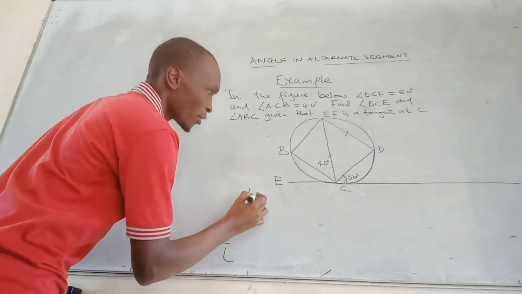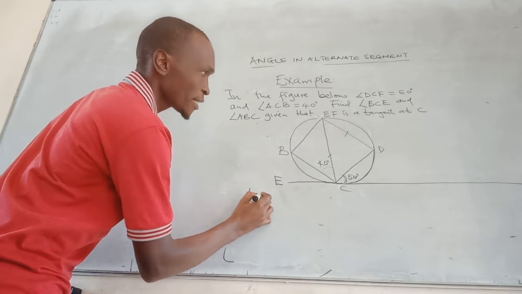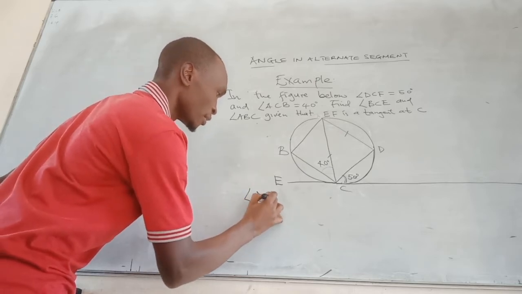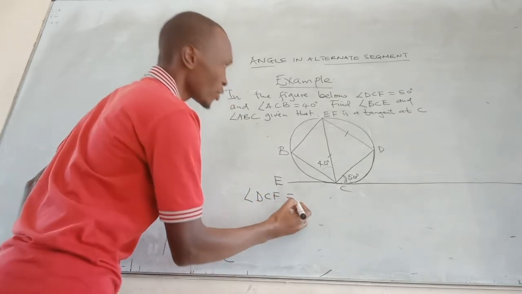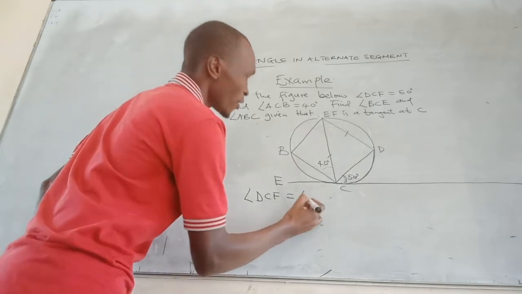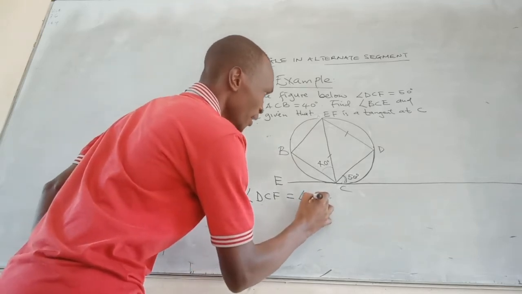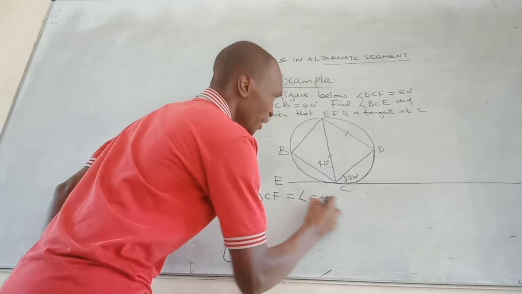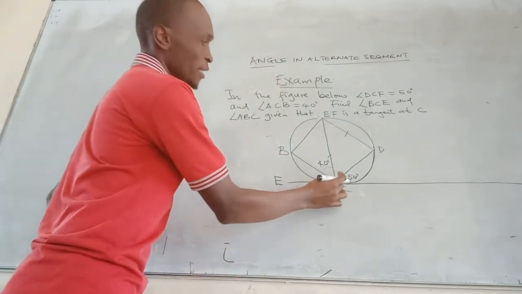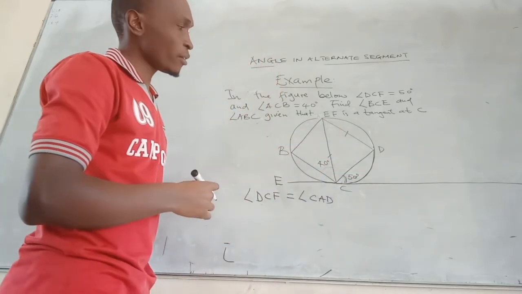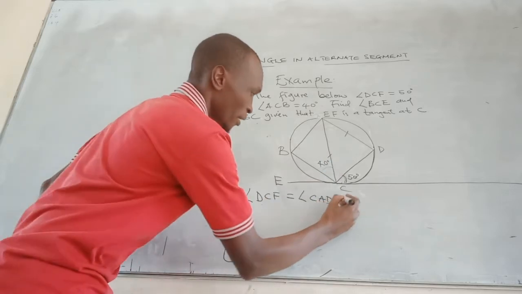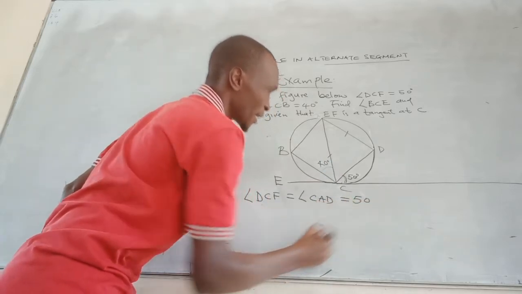You say angle DCF is equal to angle CAD. Reason being, this is an alternate angle, so it equals 50 degrees.